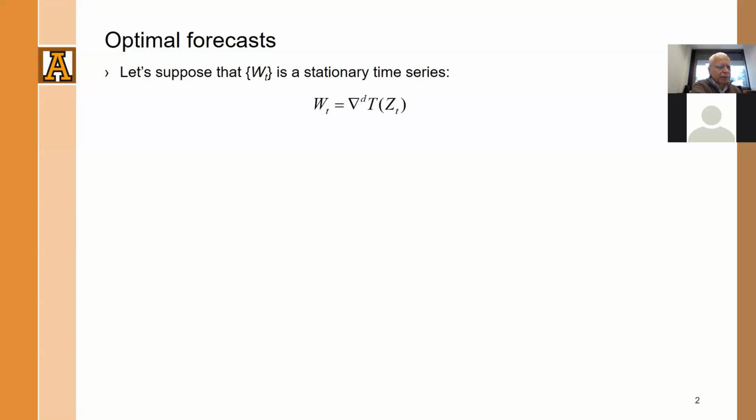So maybe we have to stabilize the variance first and make a transformation, probably a log transformation or whatever. And then we have to take differences to make sure that the transformed series is already stationary.